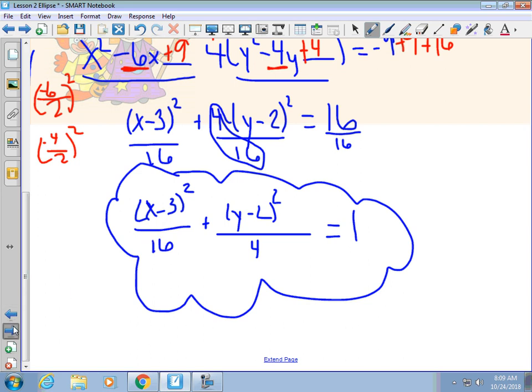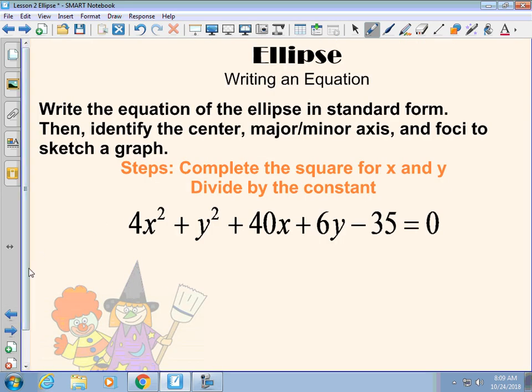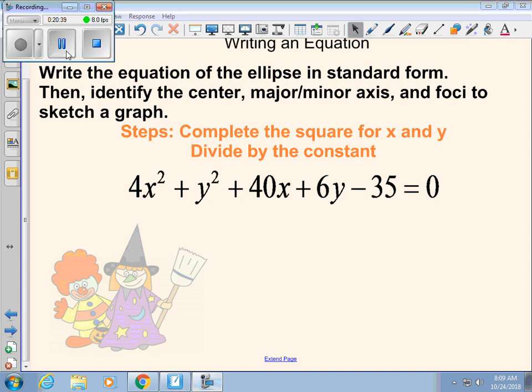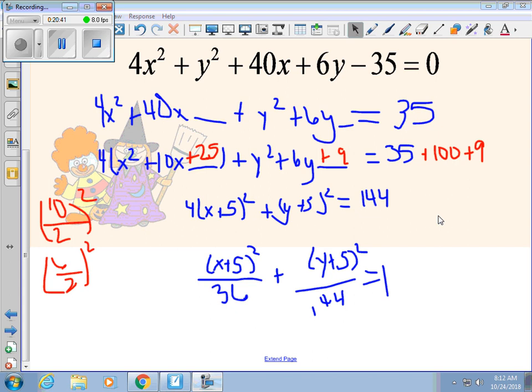Okay, I want you to give this second one a shot. Try it on your own and I will have it worked out for you. Okay, so here is what you should have gotten: (x plus 5) squared over 36 plus (y plus 5) squared over 144 equaling 1.